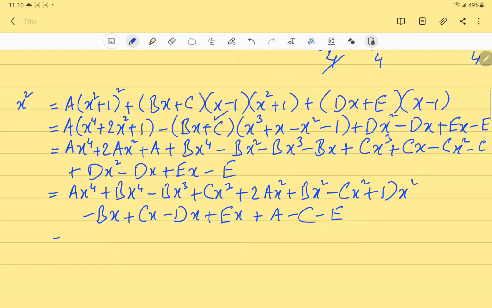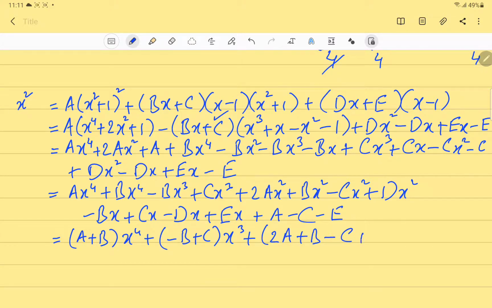Okay, in the first two terms x4 is common. In the next two terms, minus b plus c will be inside the bracket and outside x cubed, and then in the next four terms 2a plus b minus c plus d, and outside it will be x squared.